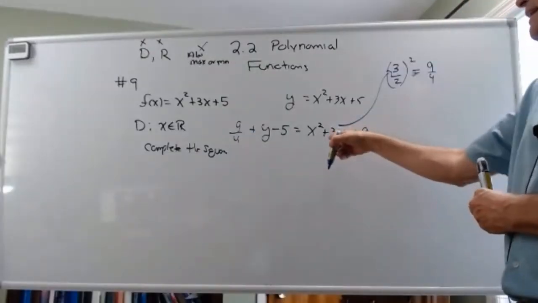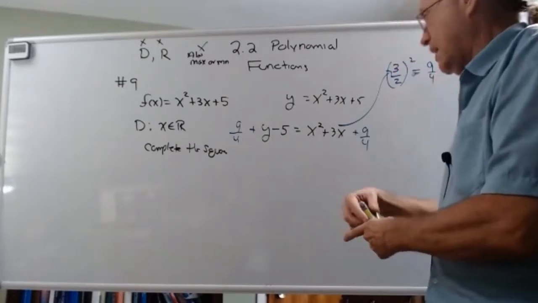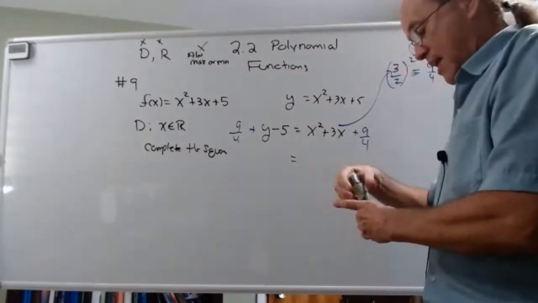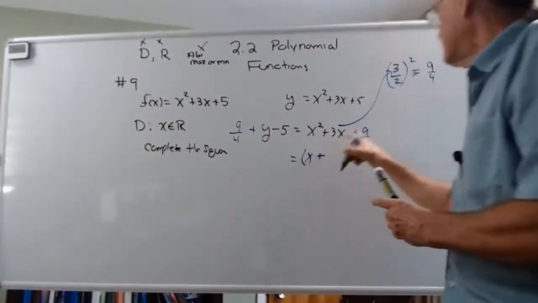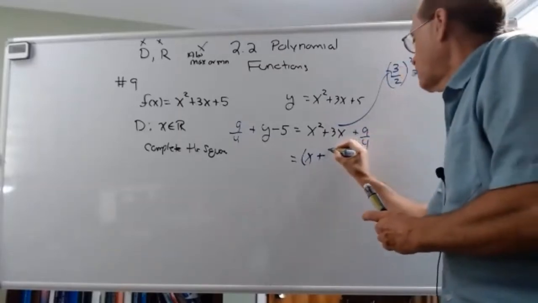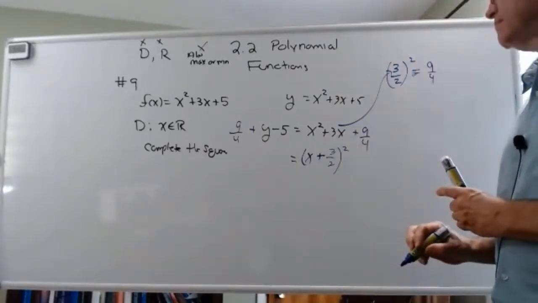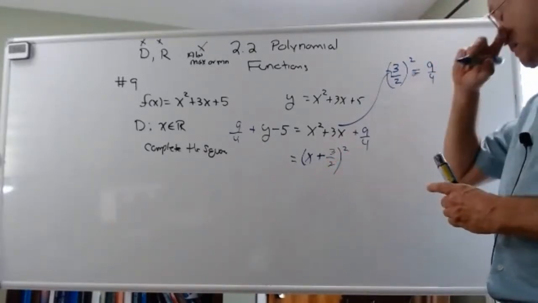By doing that, this now factors into a perfect square. I can now rewrite the right-hand side with parentheses as x plus 3 halves, quantity squared. If I multiply that out, I'd have x plus 3 halves times x plus 3 halves.